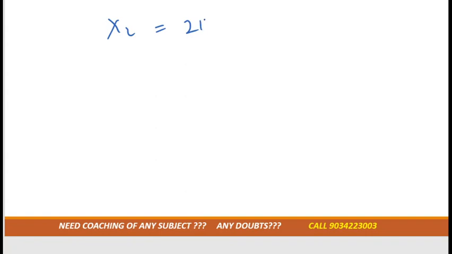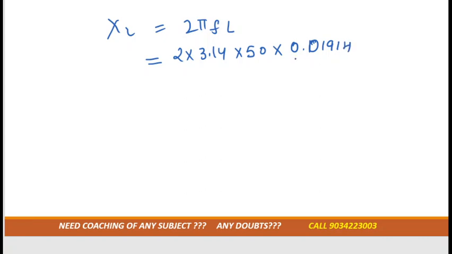XL formula is 2 pi F into L. So 2 multiplied by 3.14 multiplied by 50 is given, and L is given as 0.0191 Henry. If you solve it, you will get 6 ohm. I'm not solving it completely, it is 6 ohm. So Z1 value you will get is 5 plus j6 ohm. Correct?